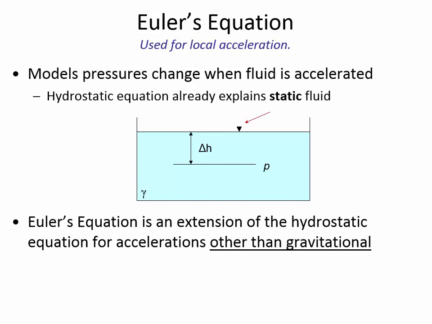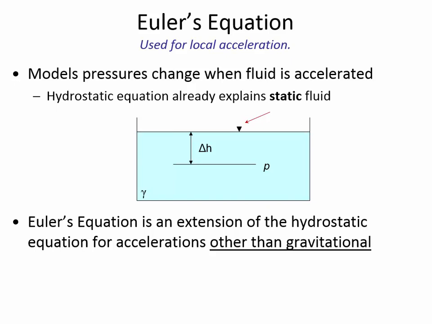But what if it's other than gravitational acceleration? Because this hydrostatic equation comes from our definition of what is g. If you look at the gamma that is used in the hydrostatic equation, delta P equals delta H times gamma, remember, what is gamma?